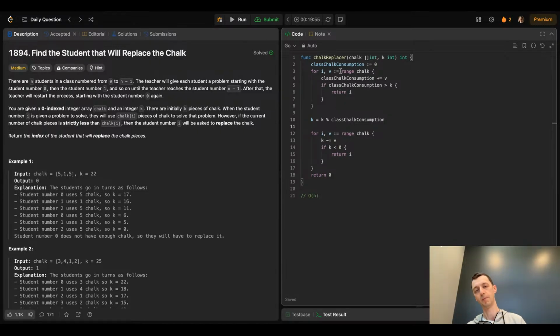But I mean, to do it all in one loop, yeah, we need to know that number, as I mentioned already. Only then we can do this.